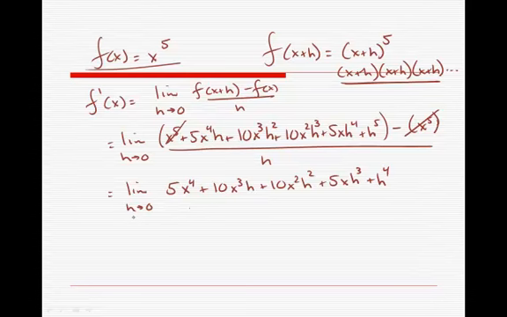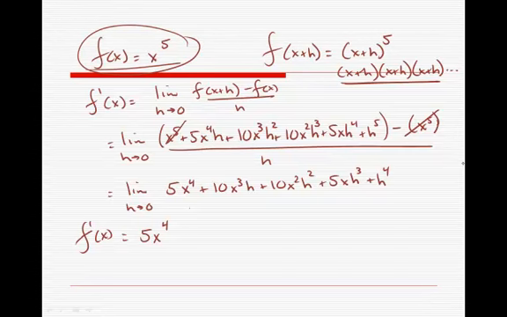And if I'm looking now for the limit as h approaches 0, if I substitute 0 for all of my h values, I am simply left with 5x to the fourth. This is the equation for the derivative of f of x equals x to the fifth.